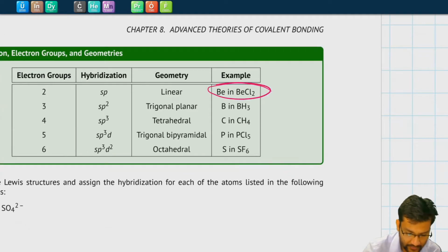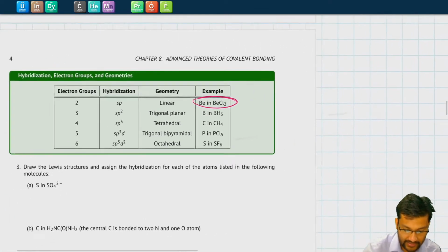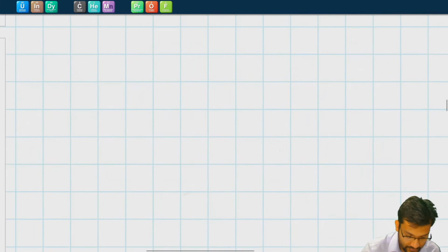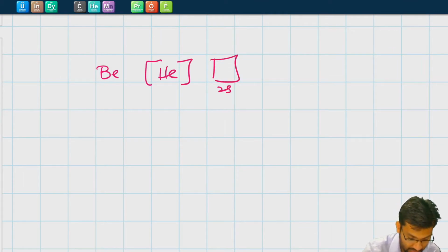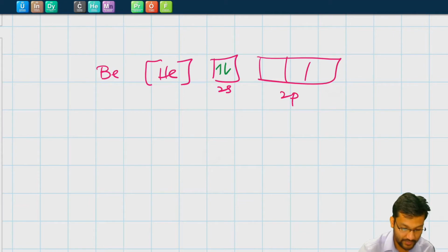Let's look at beryllium chloride, BeCl2. In beryllium chloride, we have beryllium, which has electron configuration helium 2s2, and its 2p orbitals are completely empty. That's beryllium.